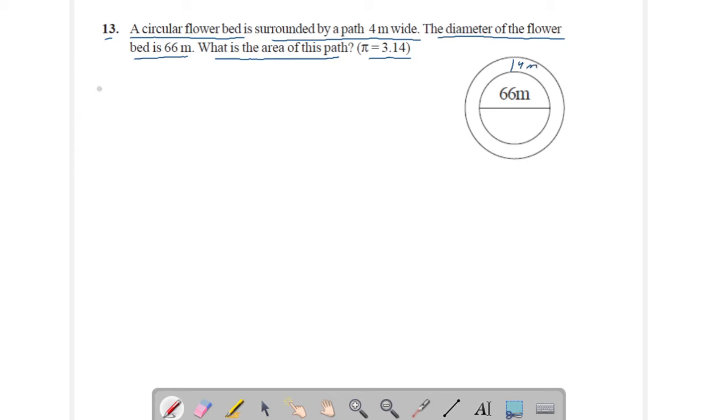To see the solution, here diameter of the flower bed equal to 66 meter.